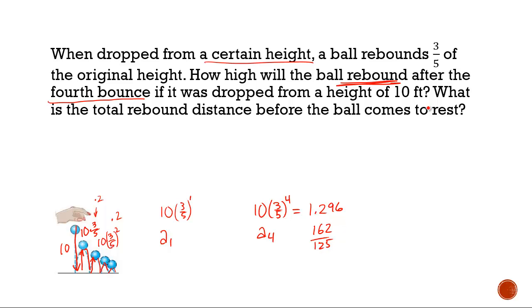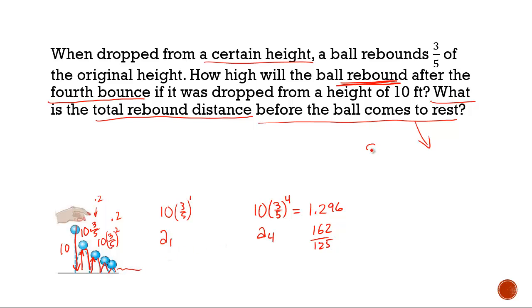Okay, but what about the total rebound distance before the ball comes to rest? Now this is a little more tricky because that sentence implies that we're looking at the total travel until it comes to rest. So it's an infinite sum.